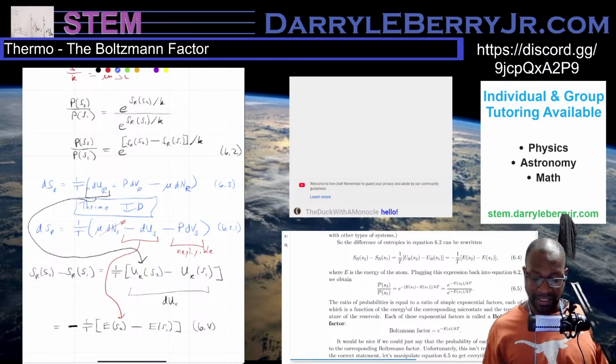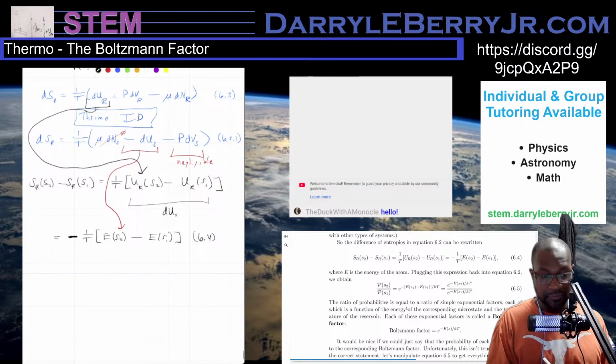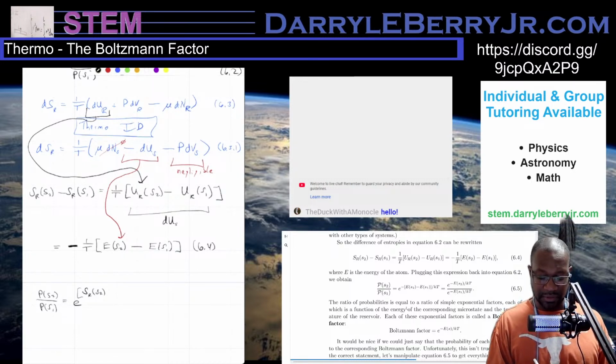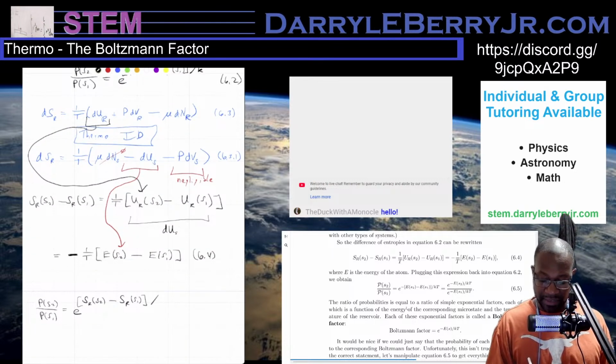We're plugging this expression back into equation 6.2. So I'll write this one, then we'll stop here. We have the probability of system 2 divided by the probability of system 1 is going to be e to the entropy of the reservoir when the system is in state 2 minus the entropy of the reservoir when the system is in state 1, divided by k.